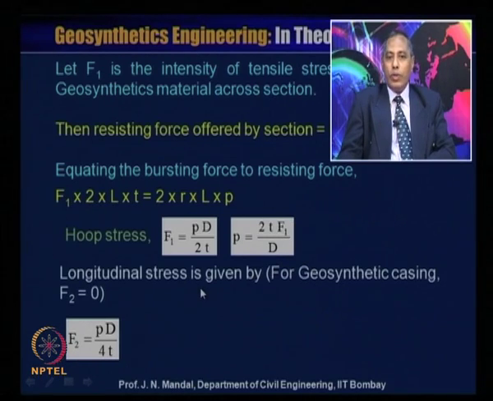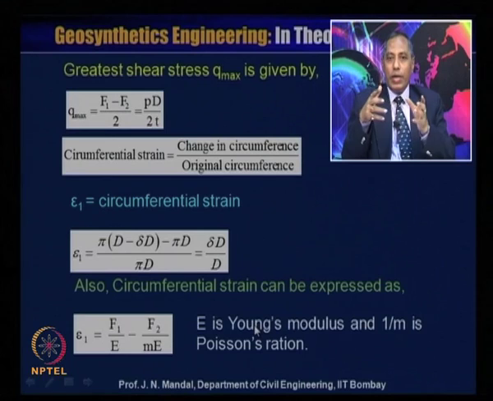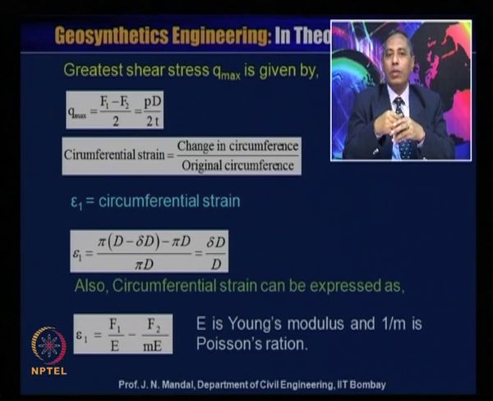Now the longitudinal stress, for a geosynthetic casing, let us say F2 is equal to 0. Otherwise F2 will be equal to p into D divided by 4T. Now the greatest shear stress, q maximum, is given by q maximum equal to F1 minus F2 by 2, that means equal to p into D divided by 2T.